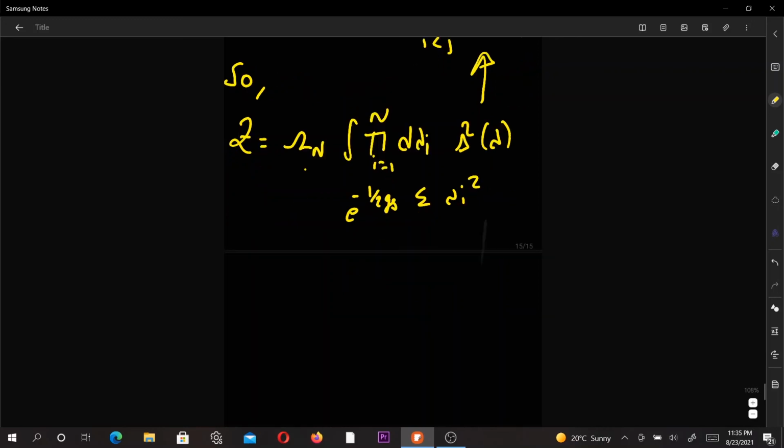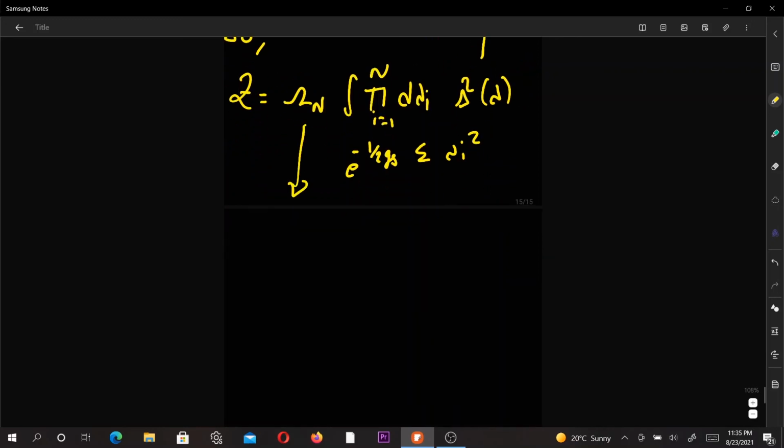And this factor is a normalization factor. It can be evaluated by several methods. If we have time, we'll explore it, and by the orthogonal polynomial method.